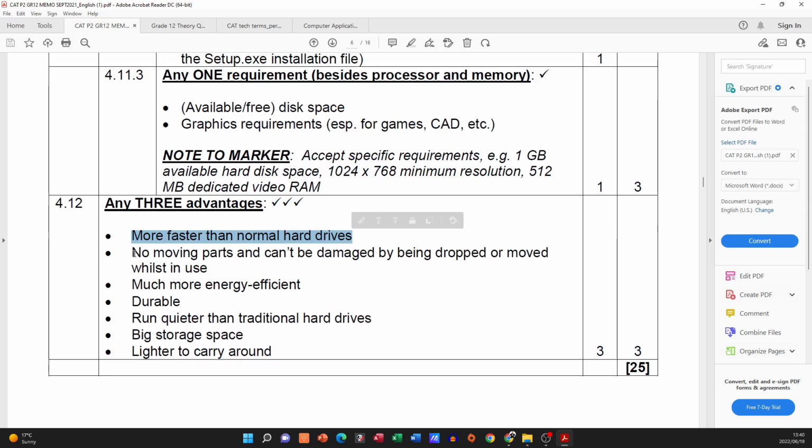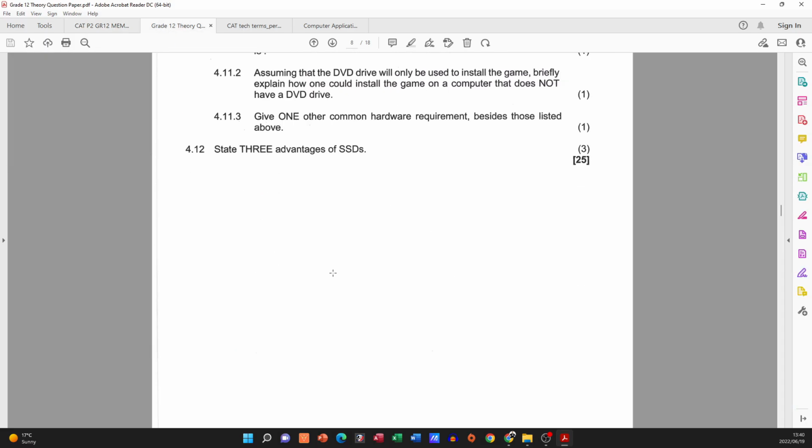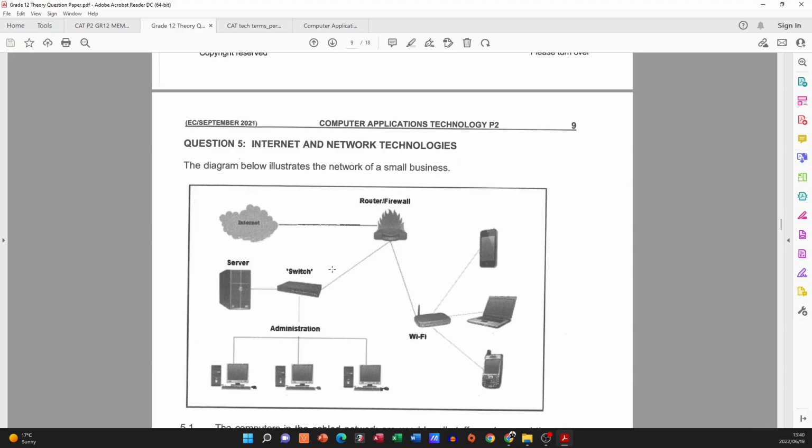You'll have to put that in there: because it has no moving parts, it's more energy efficient, okay? It runs quieter than your traditional hard drive, so just make sure you are backing up those things. These are the SSD hard drive questions, or things that really come up quite often.